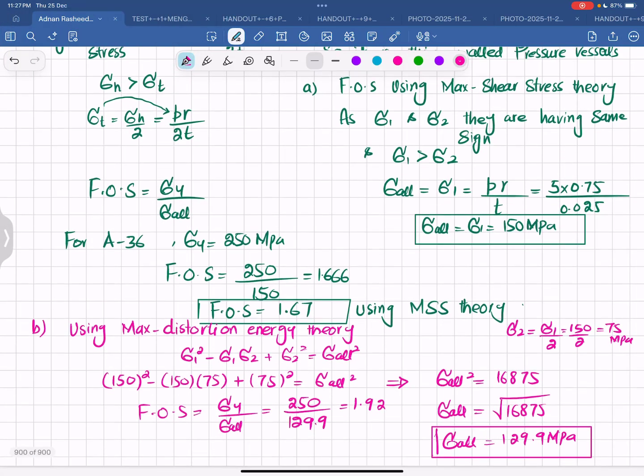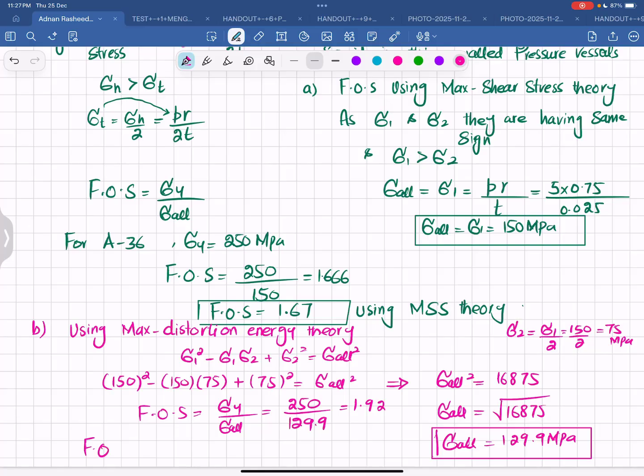Okay, so I will write the factor of safety is 1.92 using maximum distortion energy theory, or using the von Mises criteria.